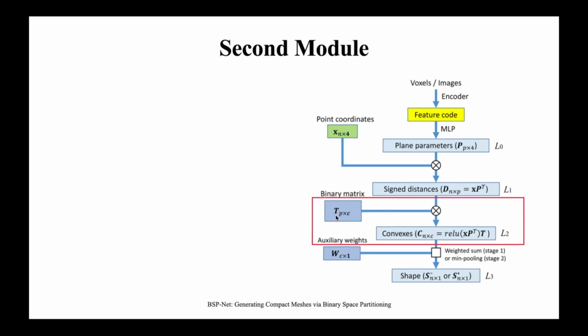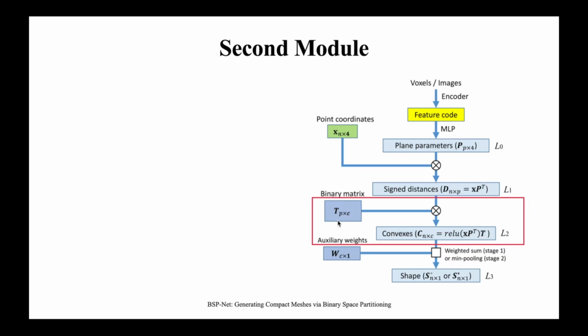It's intended to be a binary matrix and is responsible for choosing the right candidate planes to build the convex sets. Therefore, after the training process, we want the matrix T to be as close to a binary matrix as possible. In other words, after the training, we want each of the elements in the matrix T to be either very close to 0 or very close to 1.